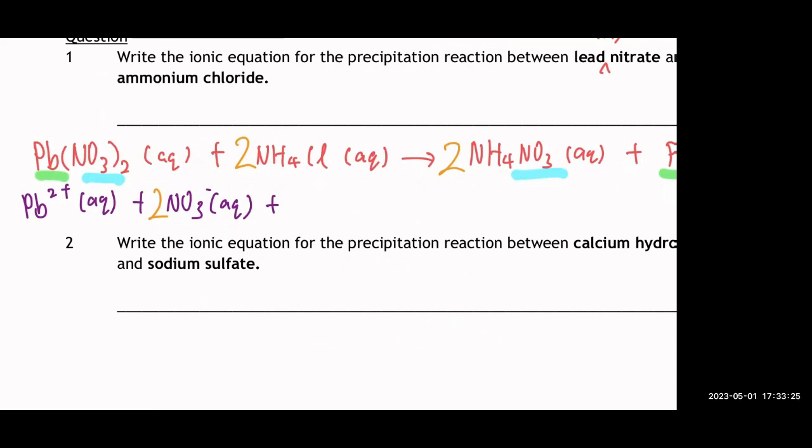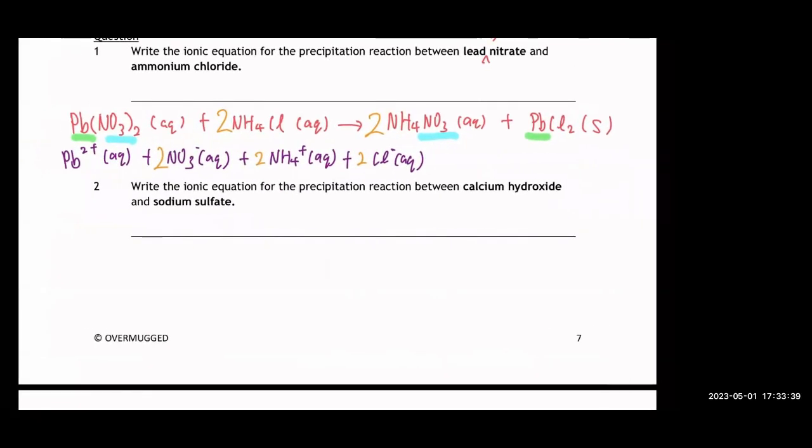I balanced earlier on already, so I need to have 2 ammoniums and 2 chlorides, giving me 2 ammoniums again and 2 nitrates. And I will just bring down my lead chloride.